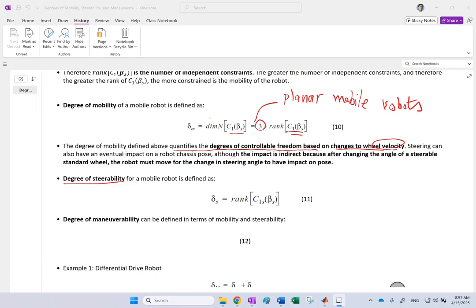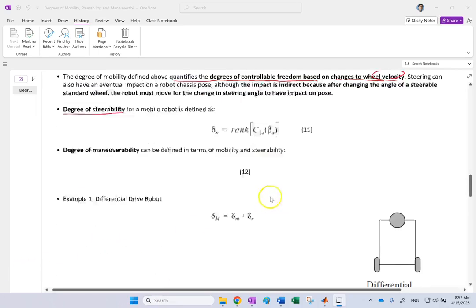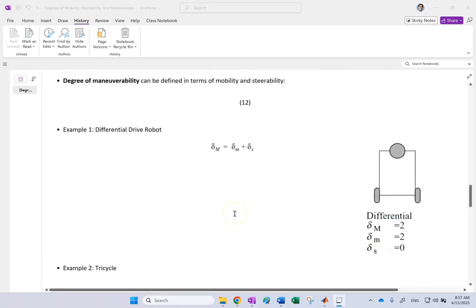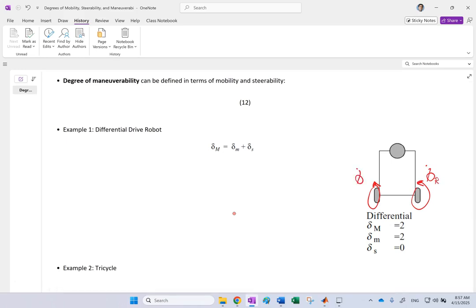What does it mean? For instance, if I go back to this differential drive again, I have these 2 different phi dots, phi dot right and phi dot left. Based on what spin velocities I pick for them, certain kinds of motion are allowable.